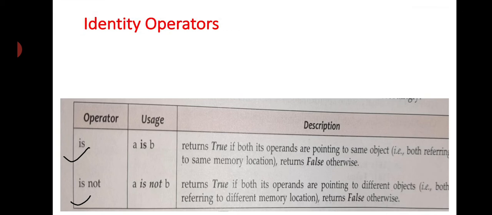Now for example, see here, if we will take the example of is and is not operator, then if we have assigned A equal to 100, B equal to 200 and C equal to 125.